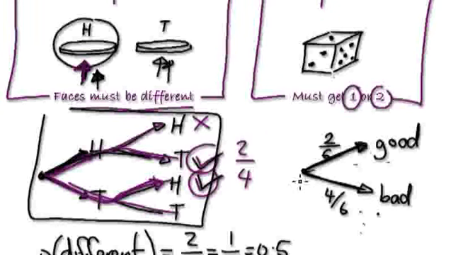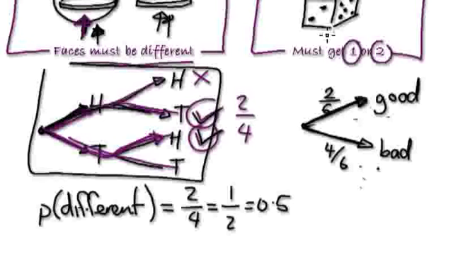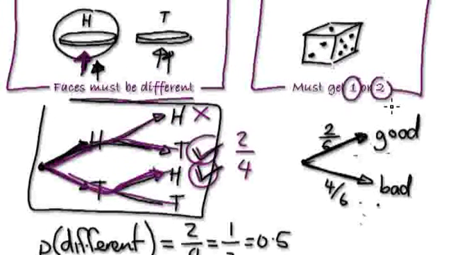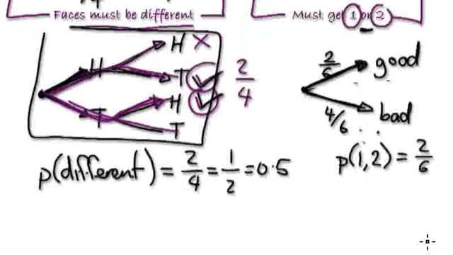So when you throw a die, the probability of you getting a 1 or a 2 would be 2 out of 6, which equals 1 out of 3.